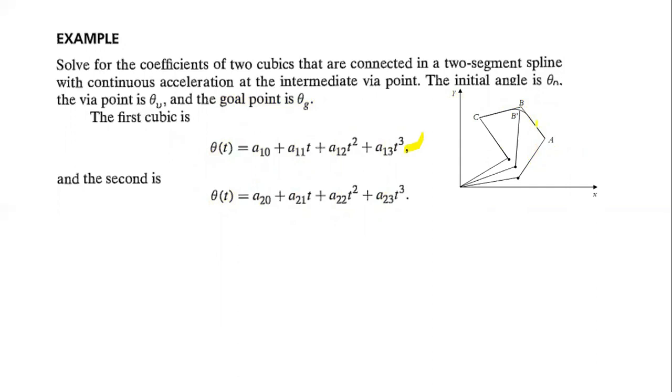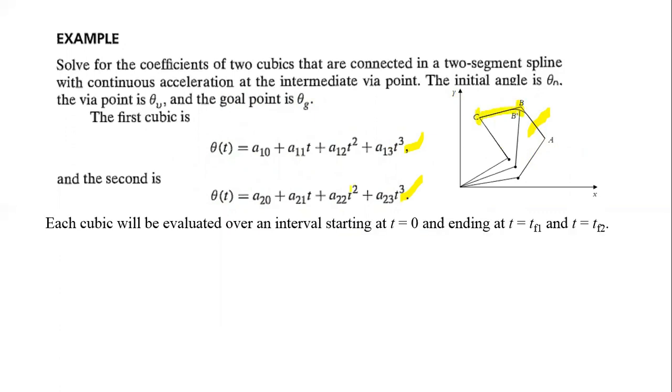This cubic can be used to map this transformation from here to here, and this cubic can be used to map this motion from B to C. This cubic is evaluated between t equal to 0 and t equal to tf1, and the other cubic is evaluated over an interval from t equal to 0 to t equal to tf2.